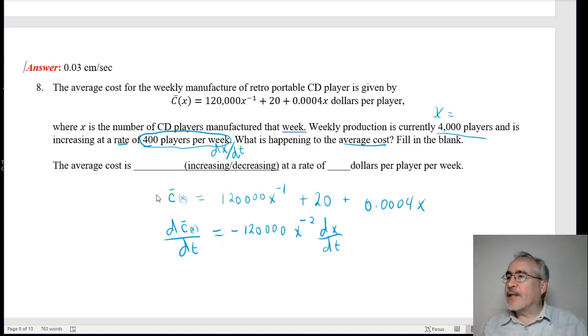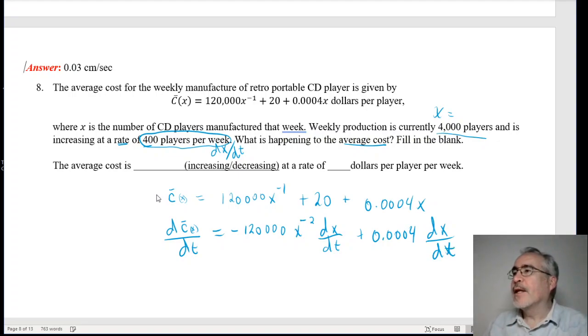And then this part here, when we take its derivative, x to the first power, is going to be simply 0.0004 dx dt. So now what we are looking for is the rate of change of the average cost.